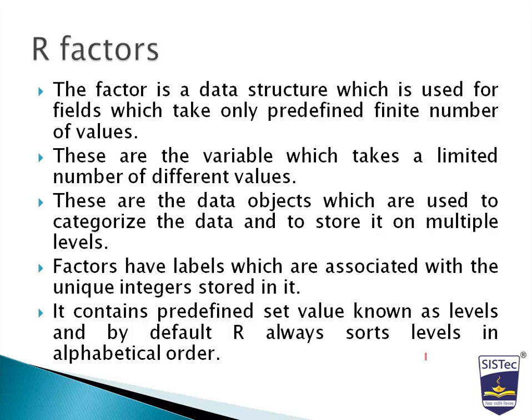Factors have labels which are associated with the unique integers stored in them. It contains a predefined set of values known as labels. By default, labels are always in alphabetical order, which means they are sorted in alphabetical order.